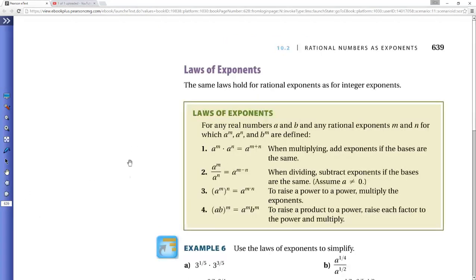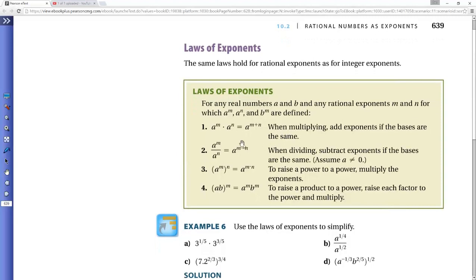And here's the law of exponents. And this is review, and this works with fractional or rational exponents the same as it did with integer exponents that we've gone through before. So let me read through this again, and hopefully this is just a reminder, some stuff that you should remember from before.